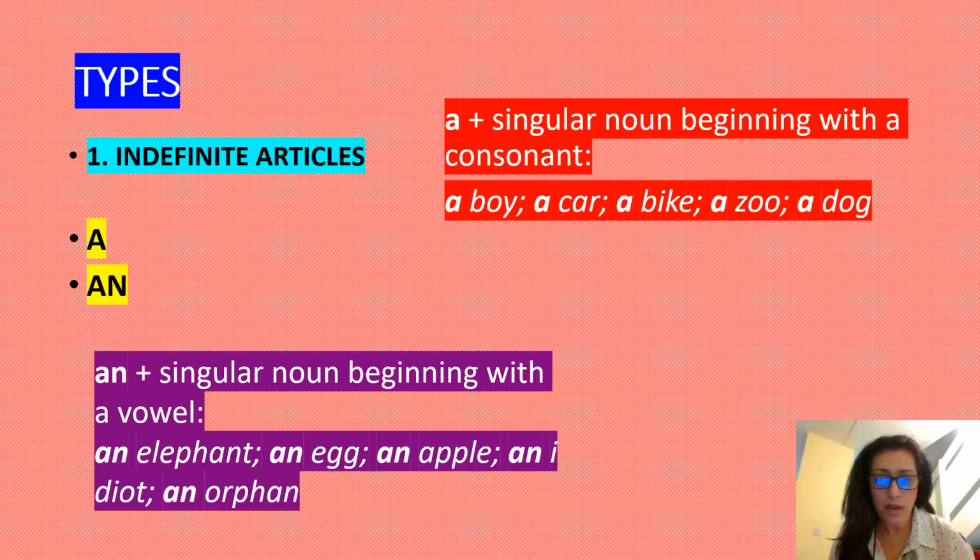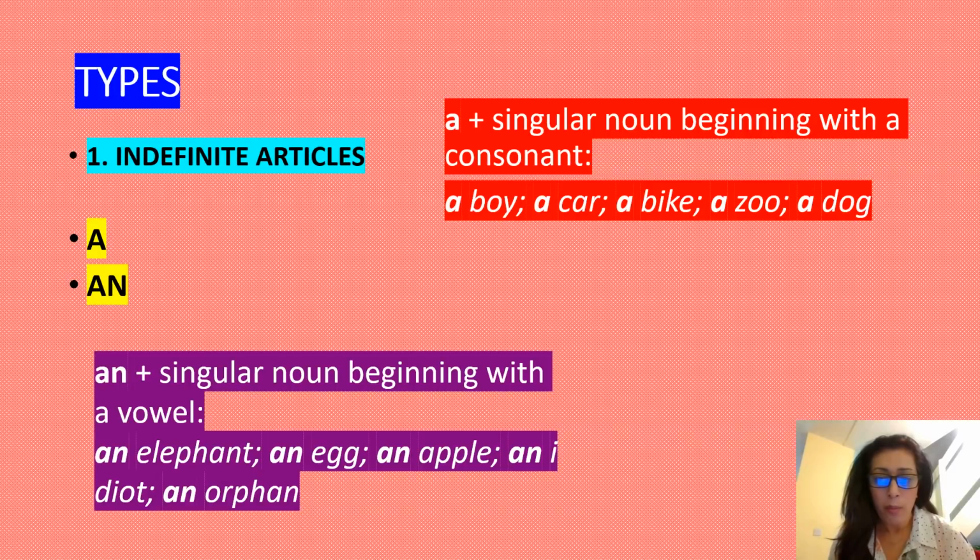I'm sure everyone is aware that we have vowel sounds and consonant sounds. Vowels are a, e, i, o, u, and the rest of the alphabet are considered consonants. So beginning with the first point, which is a plus a singular noun beginning with a consonant.